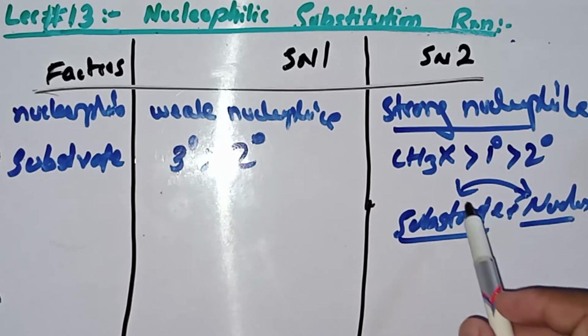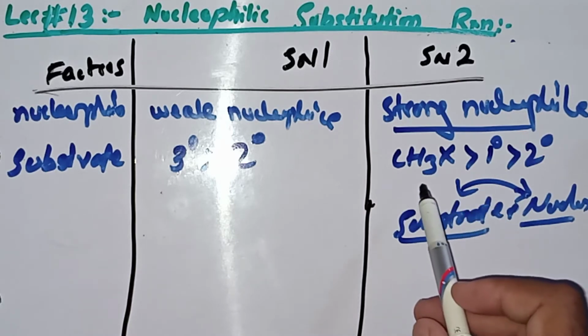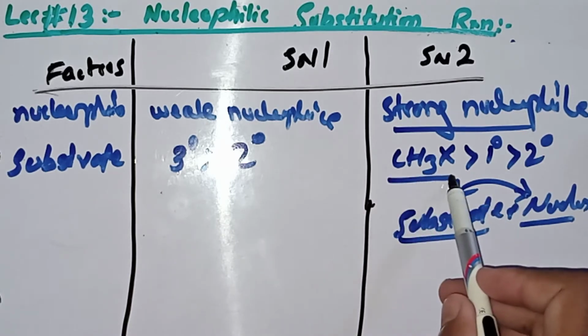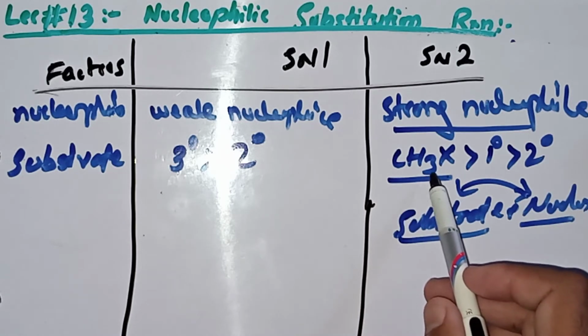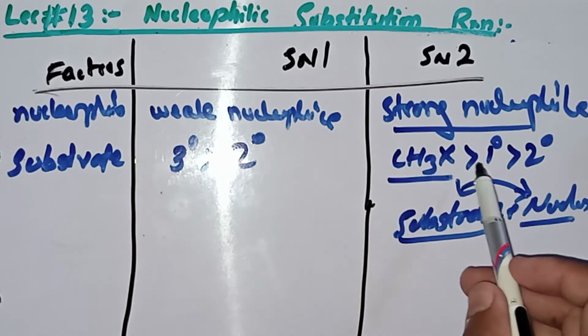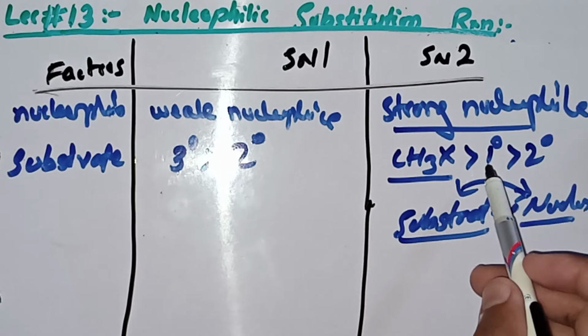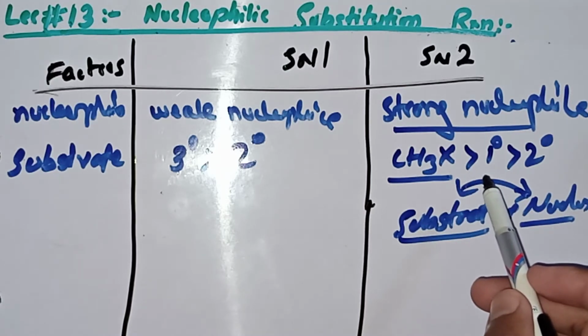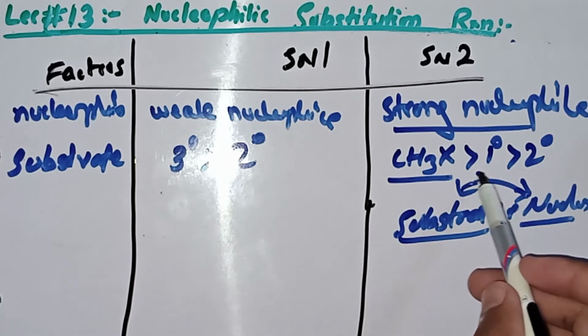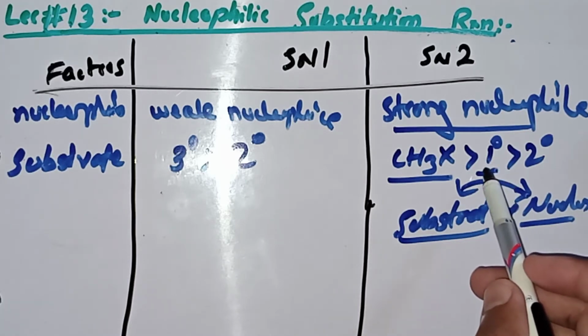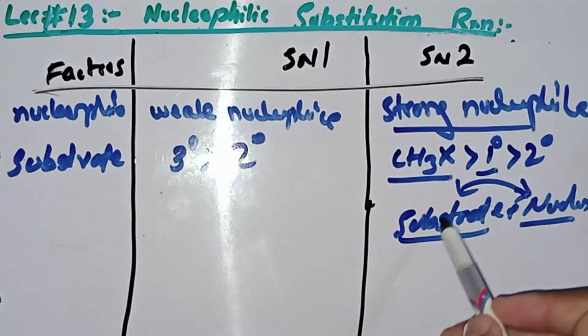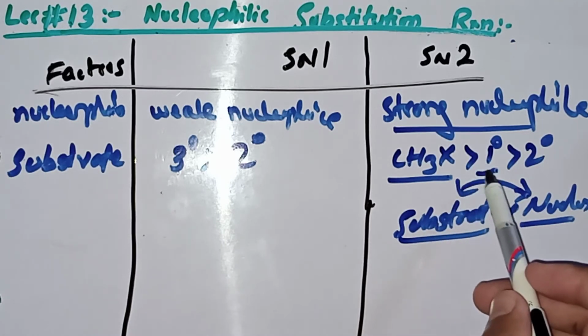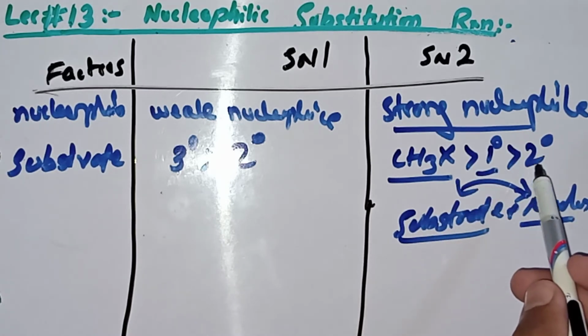So molecules that are sterically less hindered, like CH3X, will undergo SN2 reaction best as compared to the 1st-degree alkyl halide, which is sterically hindered to a lesser amount but is still a good substrate as compared to the 2-degree alkyl halide.